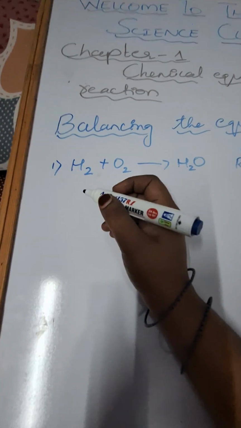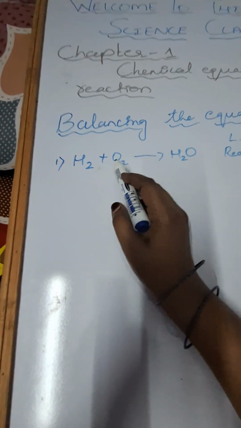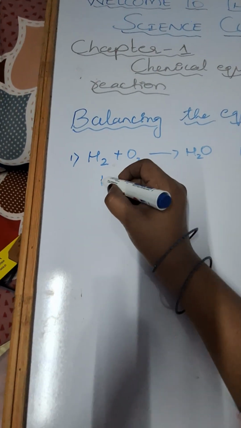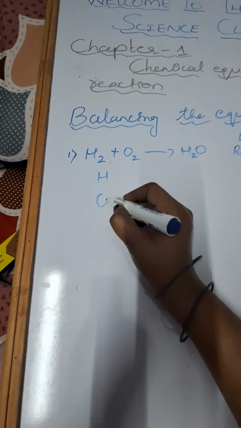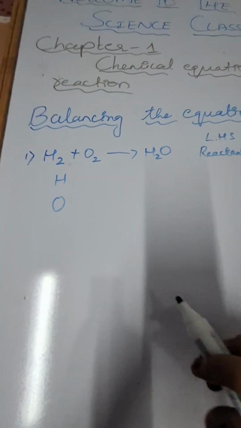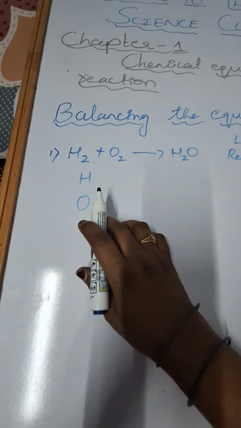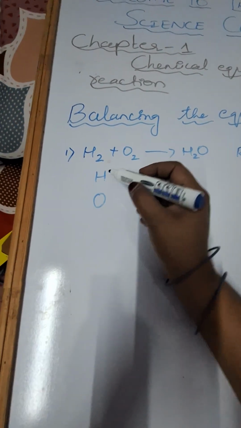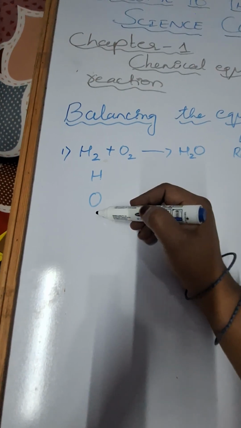Now, let's go in an easy way. First, write down the elements present in this. Like in the reactant, we have hydrogen and we have oxygen. The first step is to write the elements.